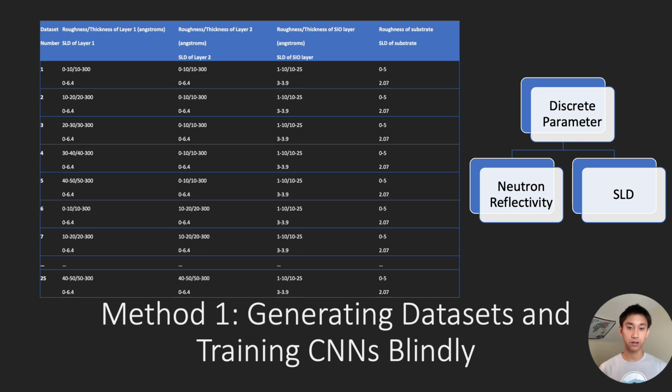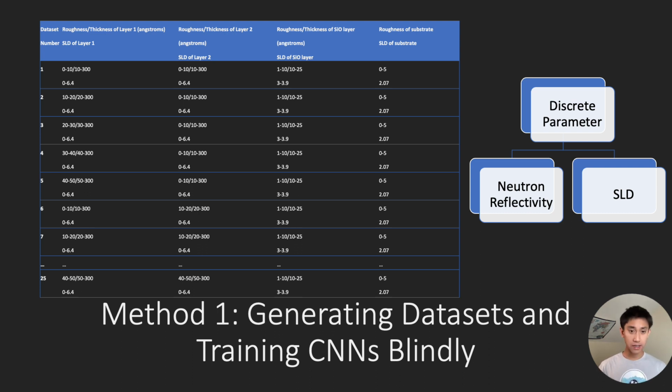So we split this into 25 smaller data sets and trained one convolutional neural network on each data set. This is a method called ensemble learning, and it decreases the richness of information in each data set and helps the convolutional neural networks learn.